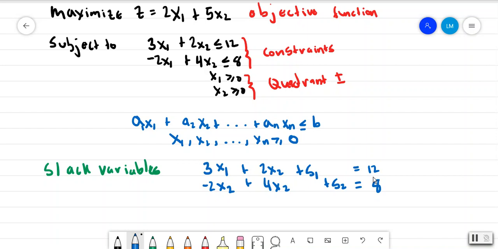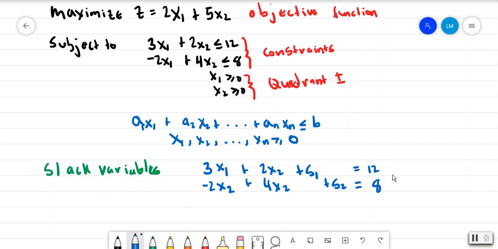Basically, for each of the constraints, I had to add a slack variable. So every constraint has to have a slack variable. If there were 3 constraints, there would be 3 slack variables, one for each constraint.